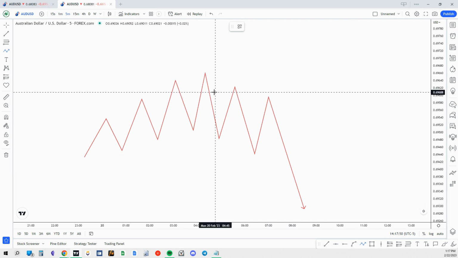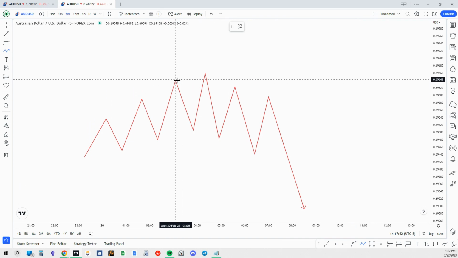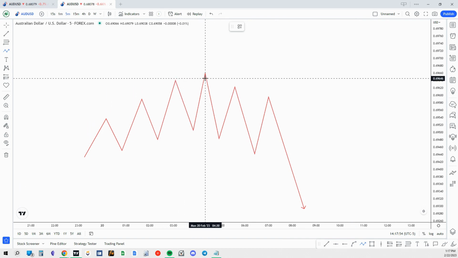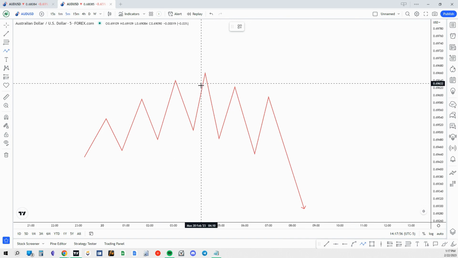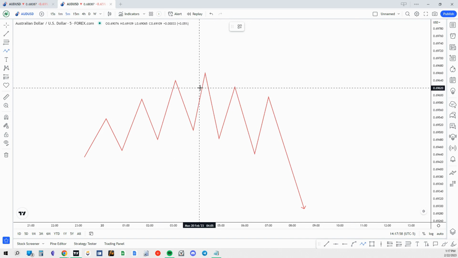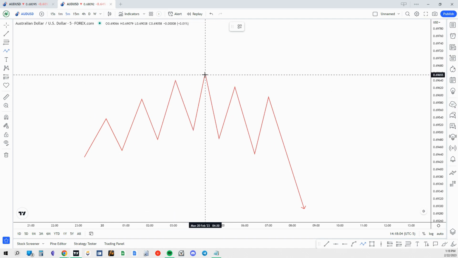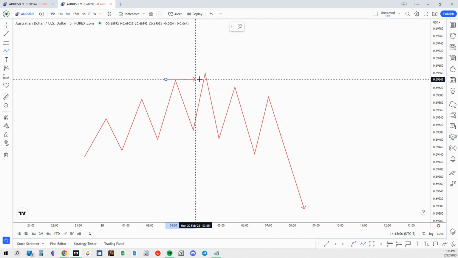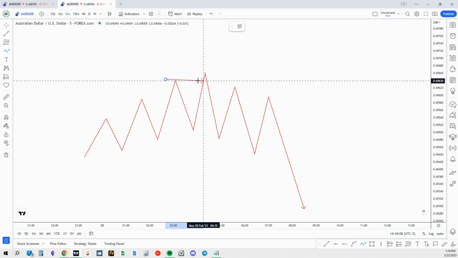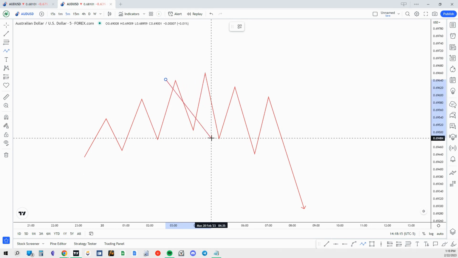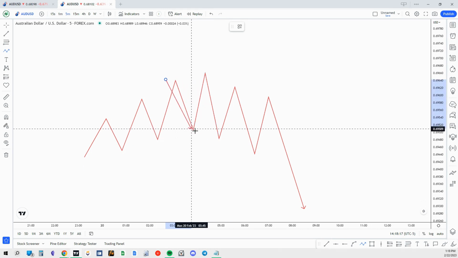And so in the course, we actually go over the difference between a wick and a candle body close and what that means more in depth. But for right now, all you really need to know is that from this high to this low and then back up again, it doesn't actually have to be a clean break of structure. Once we trade right above this high, this can actually just be a wick in the market, and it can then retrace back down and wick this low again.